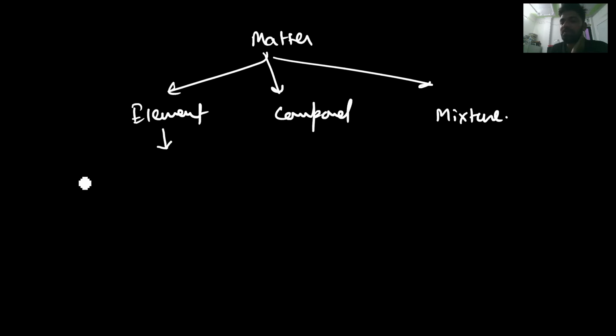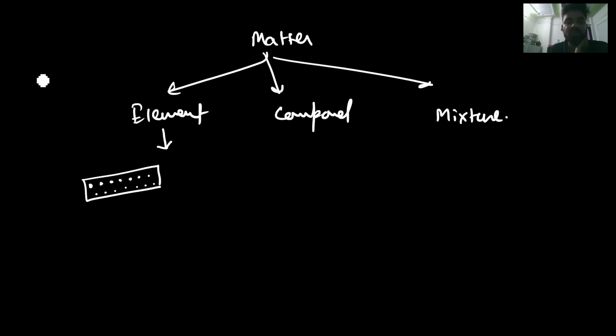Okay, now coming to the points, you are very much familiar with what elements are. Elements are pure substances that consist of only one kind of atom. When a substance has only the same kind of atoms, we consider it as an element. For example, if you have a strip of iron, it is going to have similar atoms of iron.